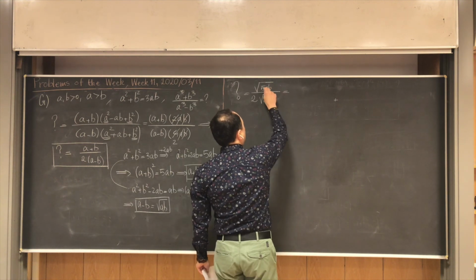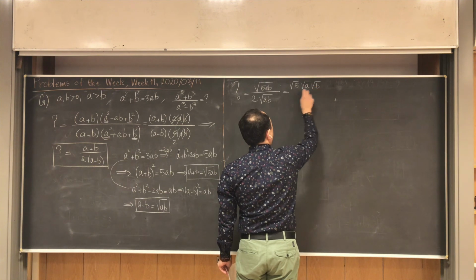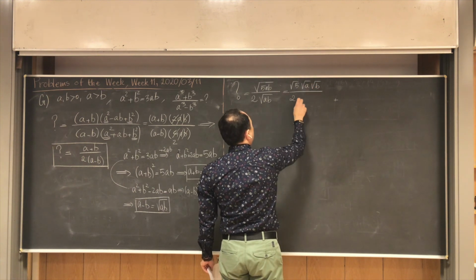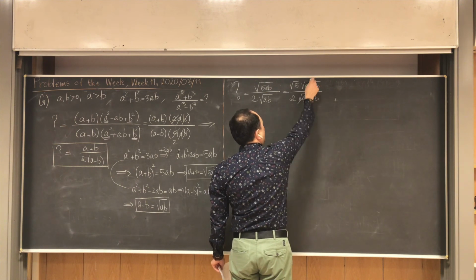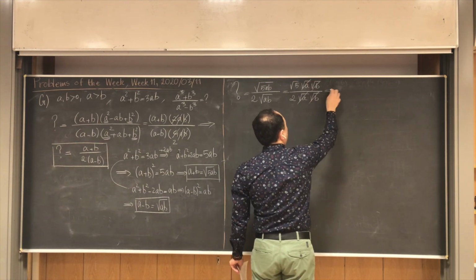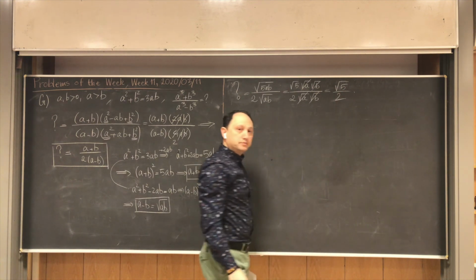But this can be written as square root of 5, square root of a, square root of b. This can be written as 2 square root of a, square root of b, the product. This and that cancel, so what is left is just the square root of 5 divided by 2.